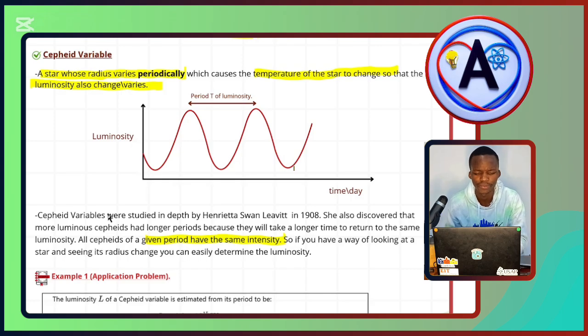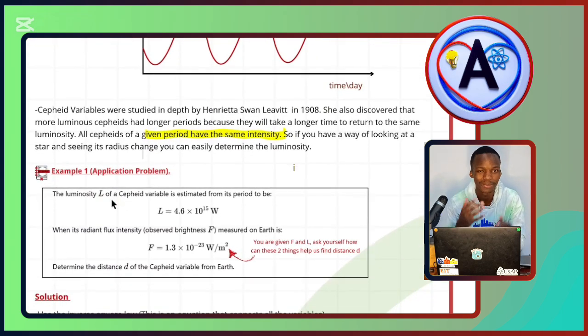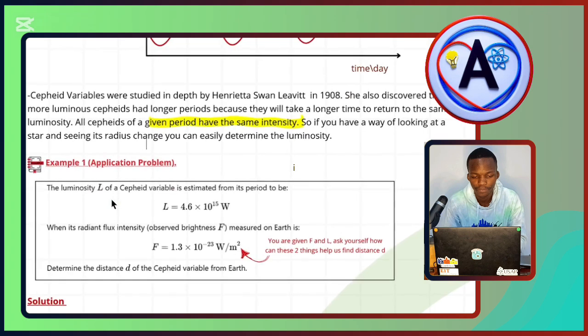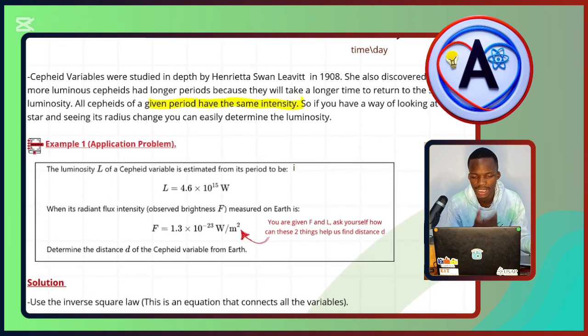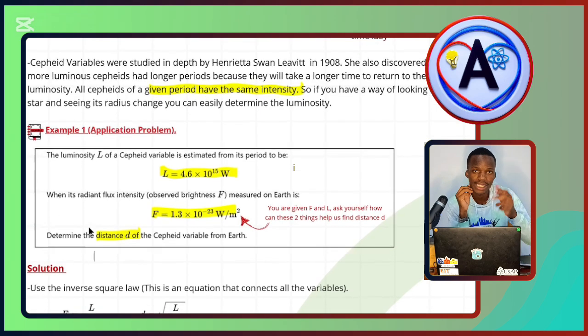Let's look at an example where this is applicable. The luminosity L of a Cepheid variable can be estimated from its period to be that, when its radiant flux intensity, the observed brightness F measured on the Earth, is that. We've been asked to determine the distance D of the Cepheid variable. So the luminosity can be estimated from the period.